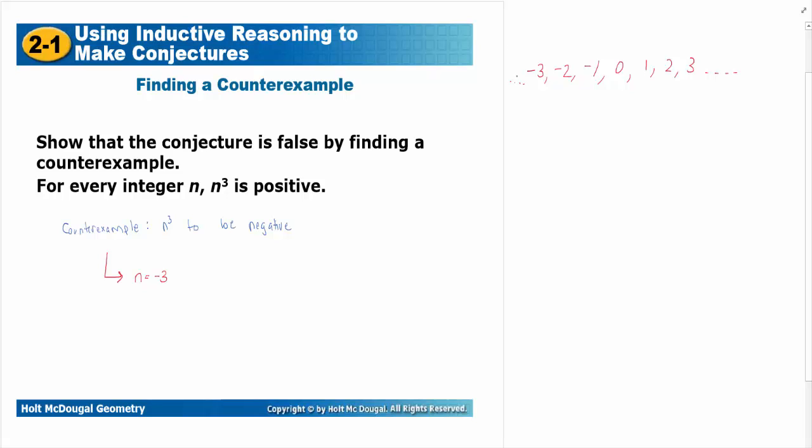So as long as I'm using an integer, I should be fine. Now n cubed is -3 times -3 times -3. Again, that's what you do when you cube a number. You multiply it by itself 3 times. Put two of those together, that's 9 times -3, and I get -27.